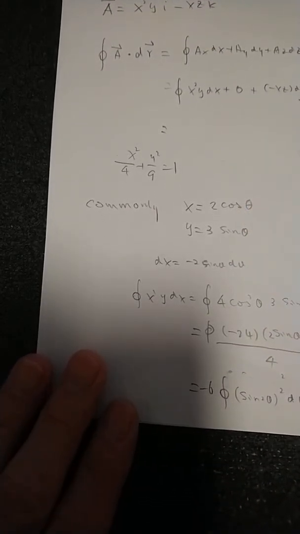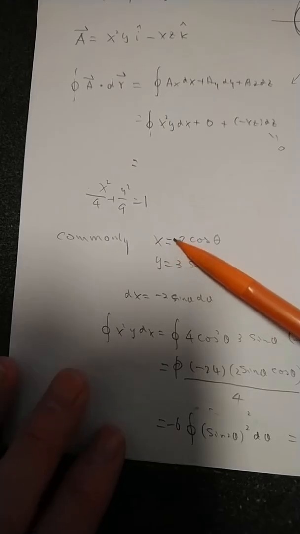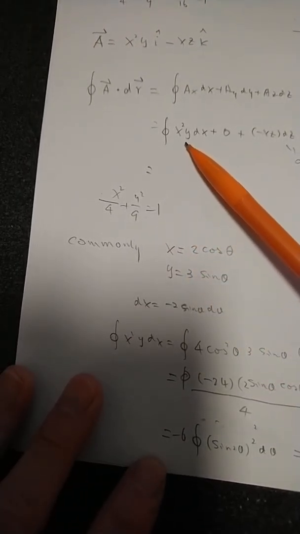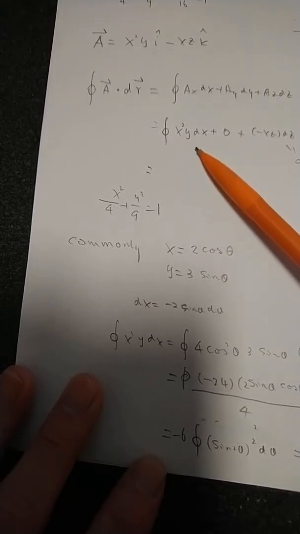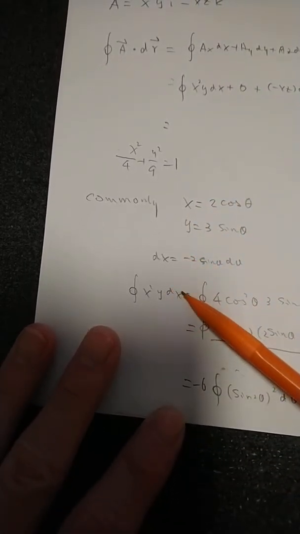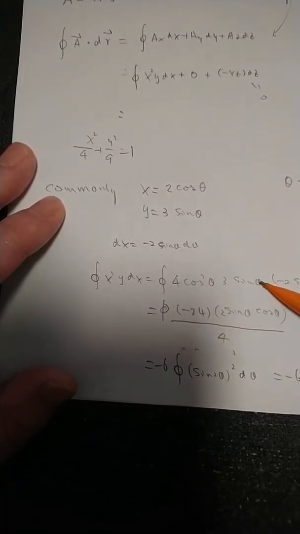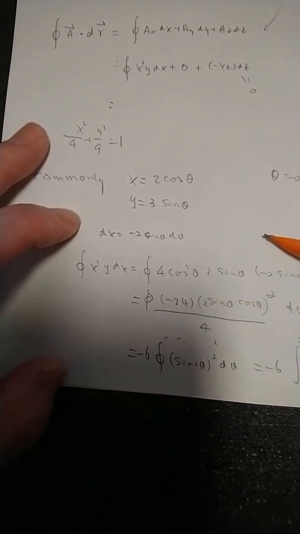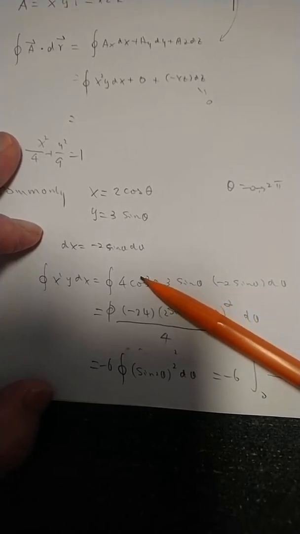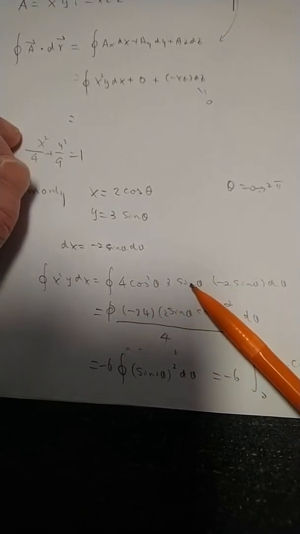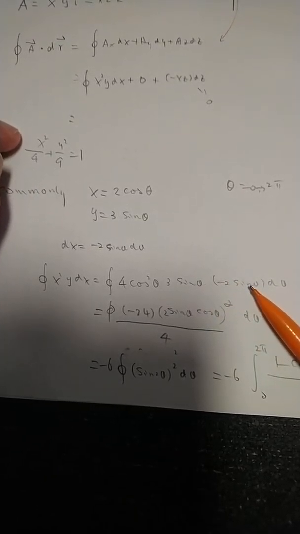Now when you want to do that, you just plug in the y here, x here. Then you just substitute all of these things into the same equation, which is like this. Now here's another technique you need to remember. You see we have cosine theta squared, sine theta, sine theta.